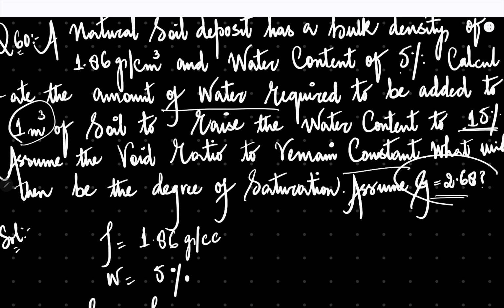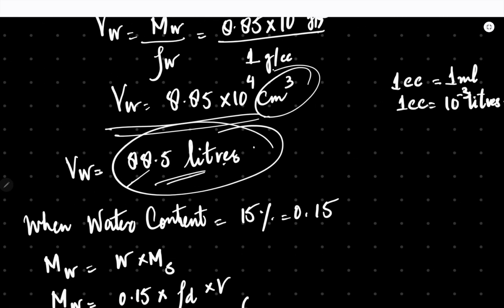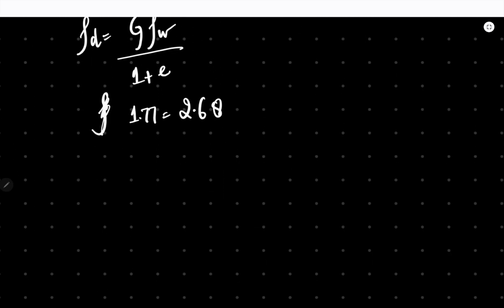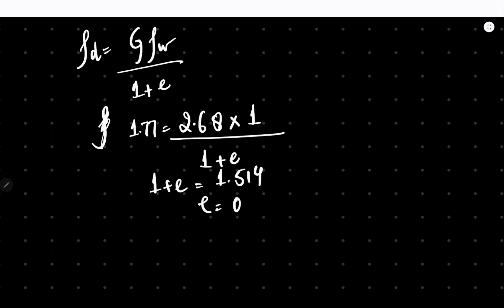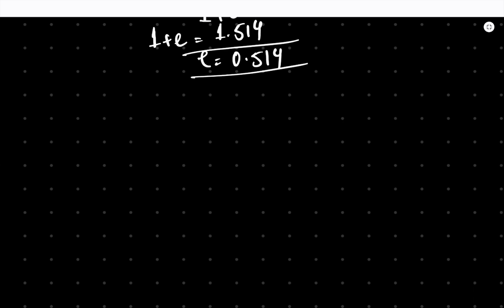Density of water 1 gram per cc divided by 1 plus E. Upon calculations, E is equal to 0.514. Now we have E, we have water content, we have G. We can very easily calculate the degree of saturation.